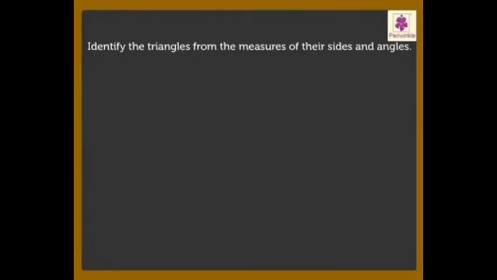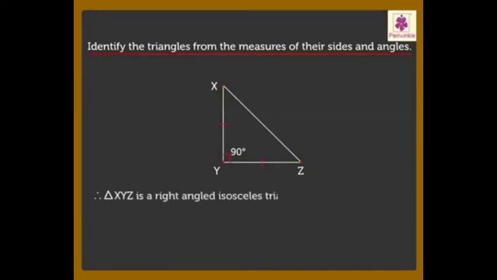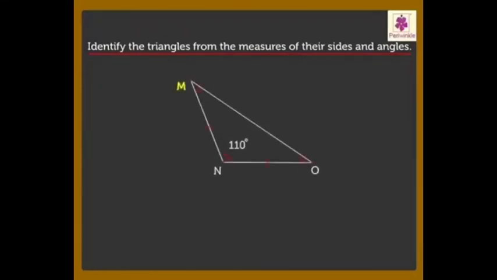Now, let's identify a few triangles according to the measures of their sides and angles. Look, here one of the angles, that is angle Y, is a right angle. Two of its sides are also of equal measures. Thus, it is a right-angled isosceles triangle. Next, in triangle MNO, angle N is an obtuse angle.